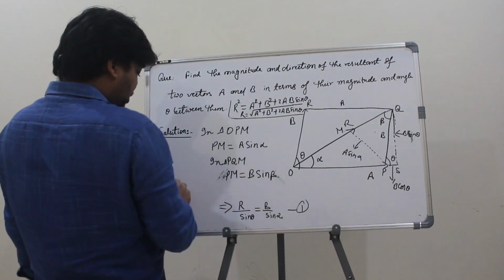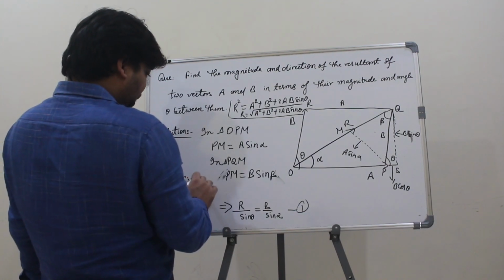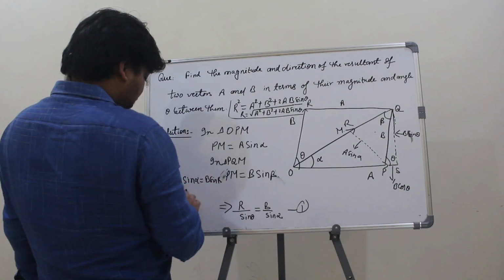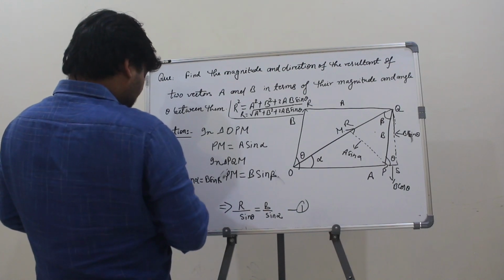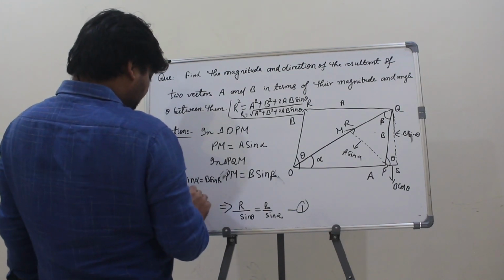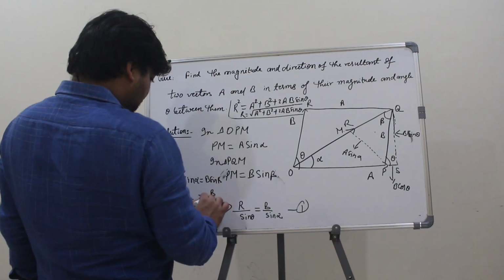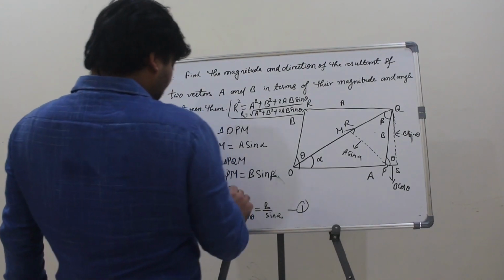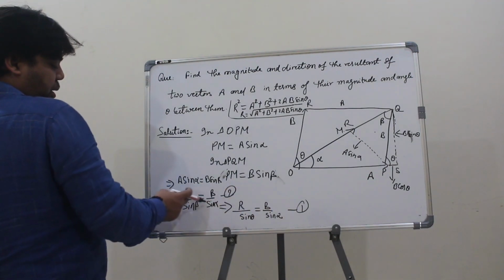Now, to simplify it further, A sin alpha equals B sin beta, implying A by sin beta is B by sin alpha. This is the second relation. So you can see there is a relation between B by sin alpha and A by sin beta.